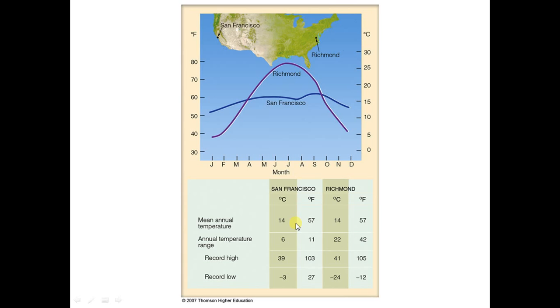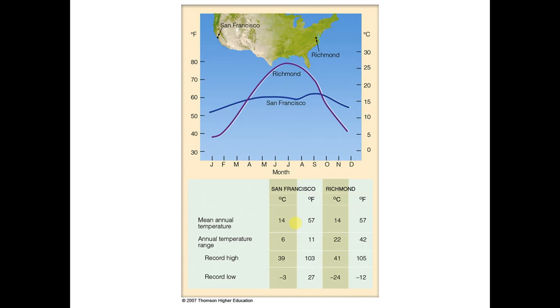The temperature differences between the two cities are apparent to anyone who has traveled to San Francisco during the summer with a suitcase full of clothes suitable for winter weather in Richmond. Notice that the coldest month for both of these cities is January.